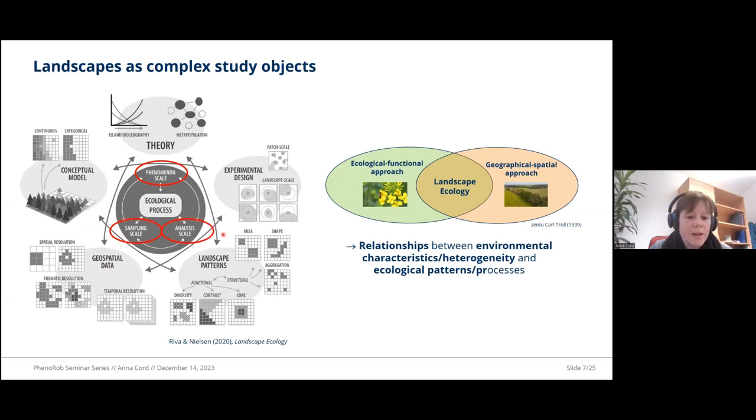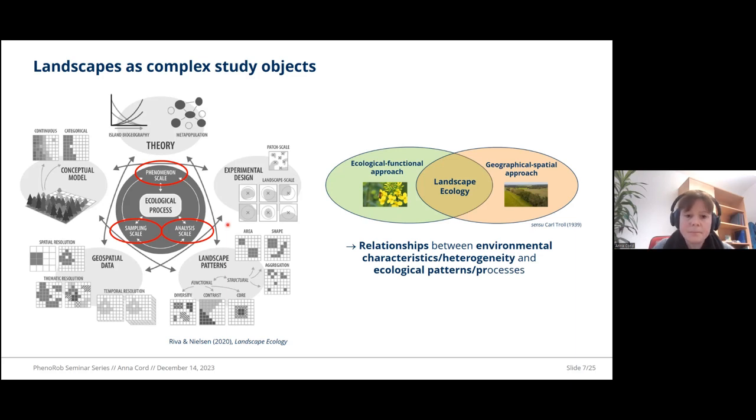And then for finding these relationships, we have another scale that comes into play, which is called the analysis scale. This is the scale where, for example in my group, we develop our models. So it's really a complex system, and I think this is also part of the story why we don't have such a clear knowledge of what to do where in order to conserve biodiversity in agricultural landscapes at the moment.